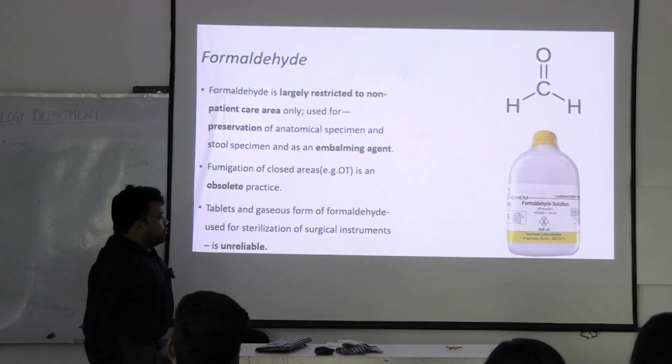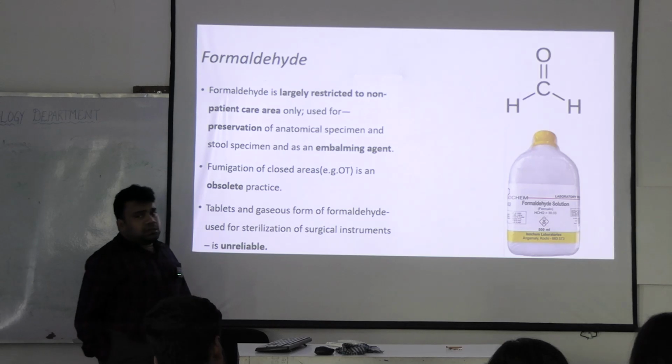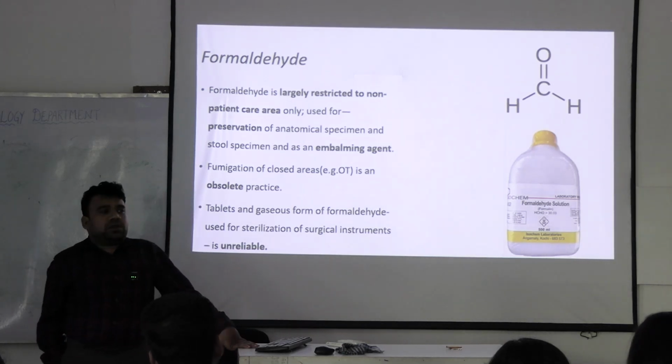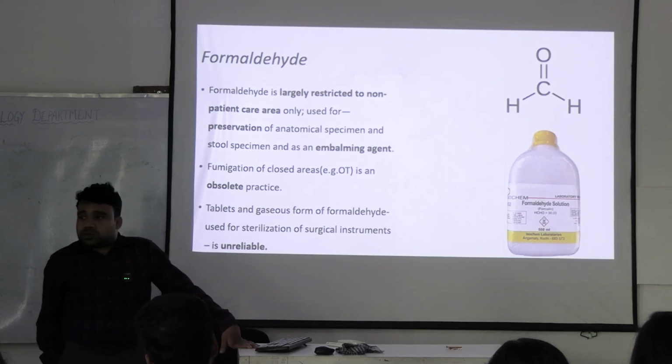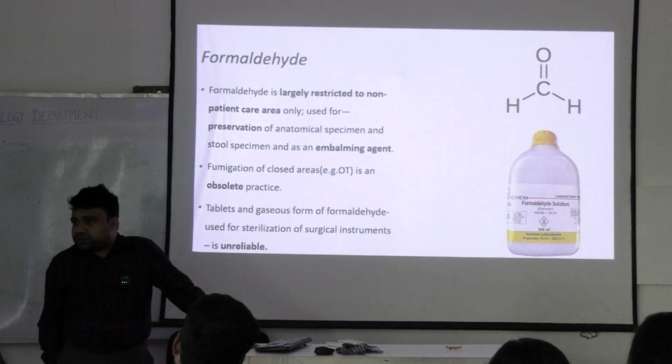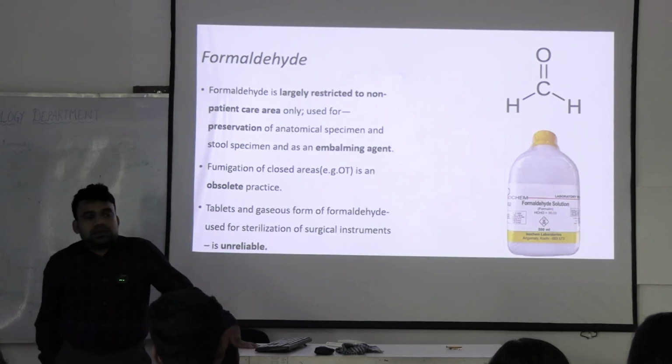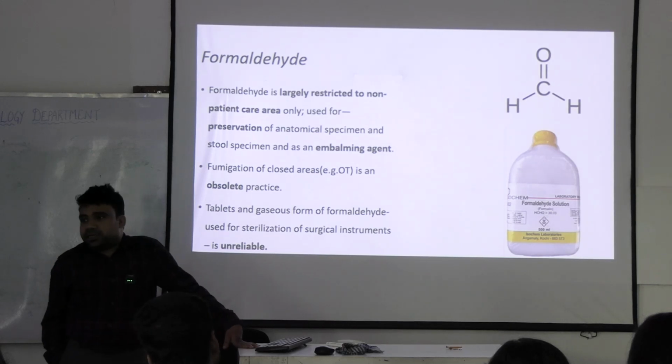Problem is that for surgical instruments, formaldehyde sterilization is not recommended because of unexpected results. So, from today's point of view, use of formaldehyde is very much restricted. So, as far as aldehydes are concerned, two important aldehydes you should remember.